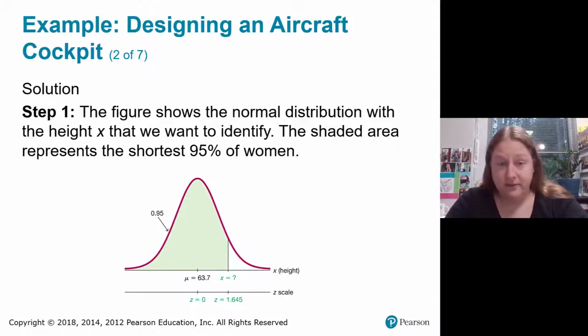So here we have a picture of a normal distribution. We know the mean is 63.7, and we know the area we're looking for is the area to the left, and we want it to be 0.95. So then we sketch where is the x value about, and we go looking for it.